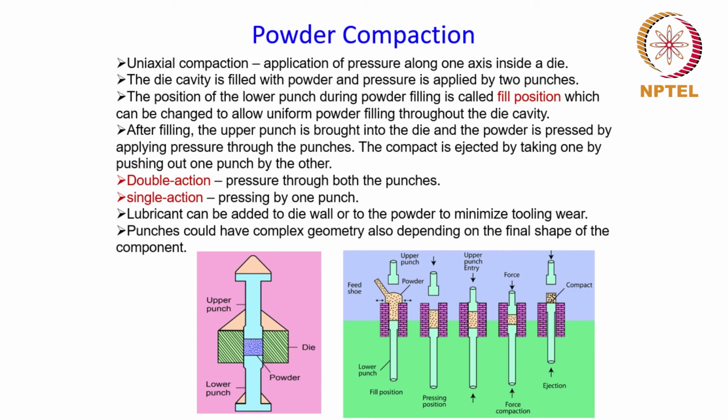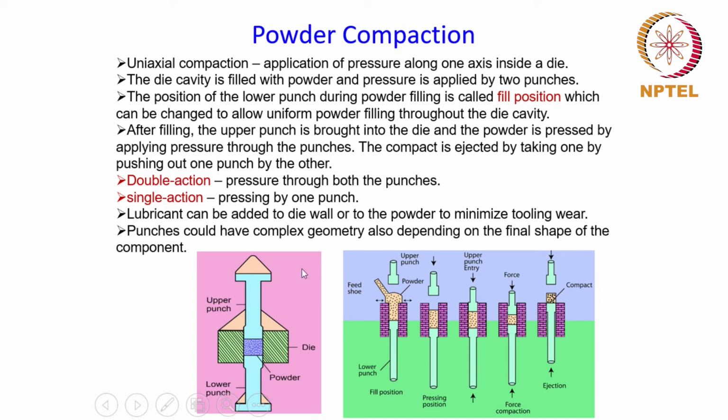Then in this class we have discussed the powder compaction process and also the mechanism as to how it happens. Powder compaction is nothing but pressing the powder inside a die cavity. So this is one of the simplest powder compaction processes, which is done uniaxially. That means pressing the powder along a particular axis inside a die.